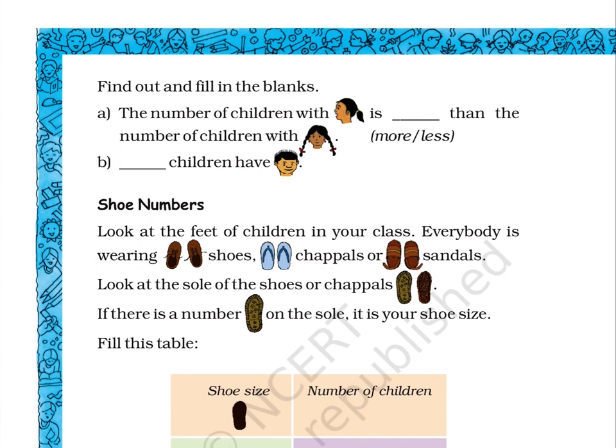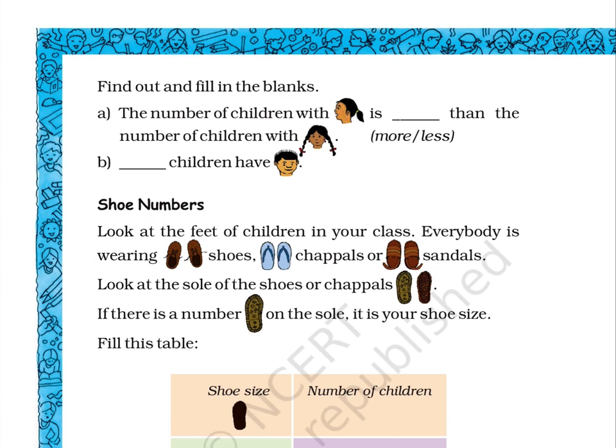Find out and fill in the blanks. Question A. The number of children with one ponytail is dash, then the number of children with two ponytails. The options are more or less. Question B. Dash children have no ponytail.